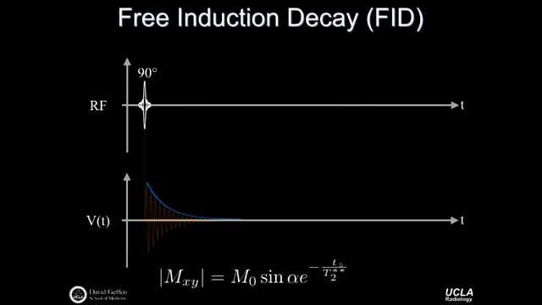Unfortunately, this ends up being a very rapidly decaying signal. T2 star is going to be pretty short, it might be hundreds of microseconds, meaning your signal has decayed pretty quickly after that 90. And it took some real genius to figure out how to make a useful signal out of the use of that RF pulse.